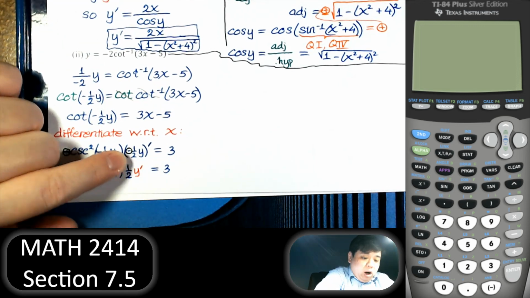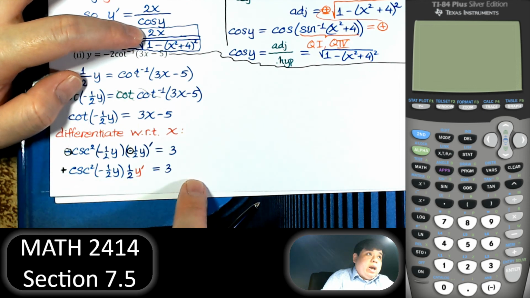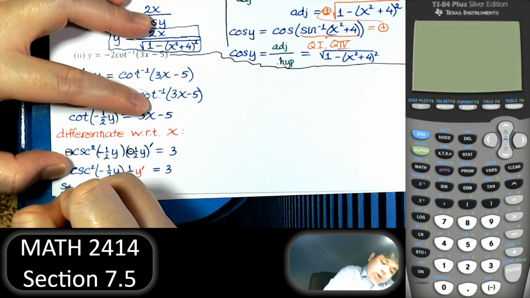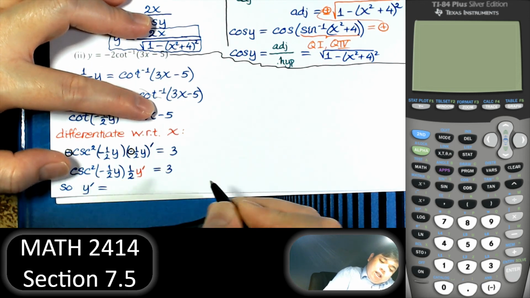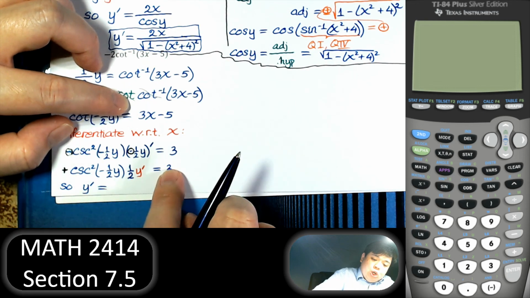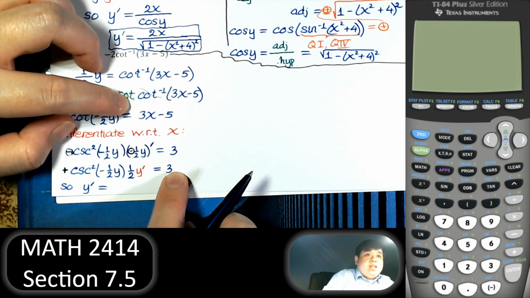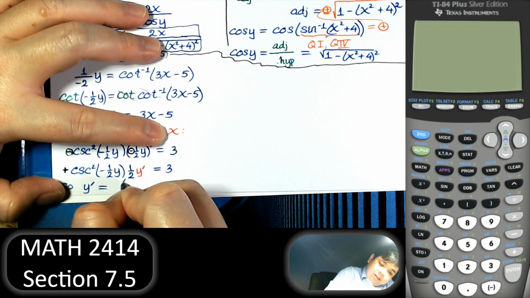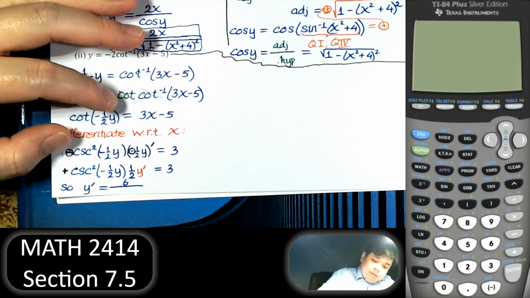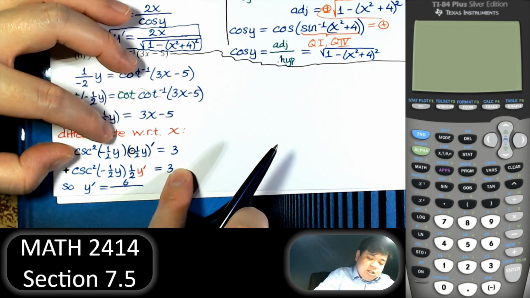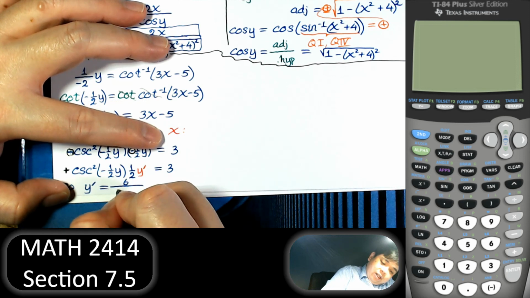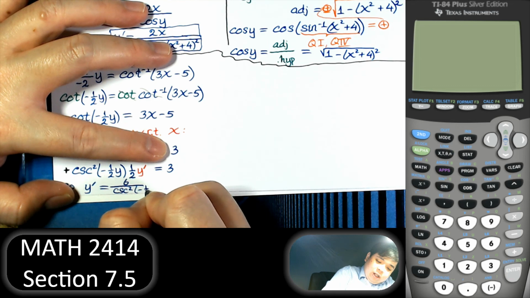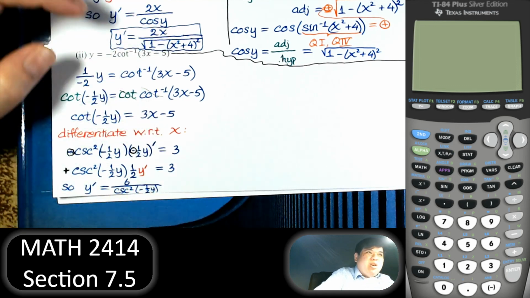And then to get to y prime, we divide by the cosecant square on that side, and multiply 2 on top. So we have y prime equal to, multiply 2 on both sides, 2 times 3 gives us 6 on the top. So multiply 2 on both sides, 6, and then divide by cosecant square of negative 1/2 y. Sorry, kind of ran out of space there.